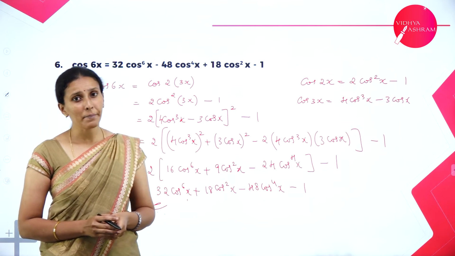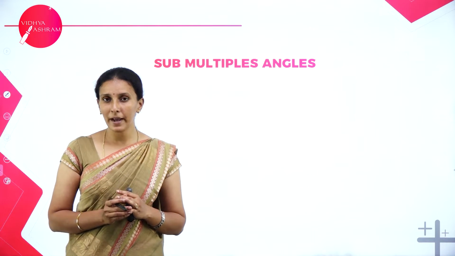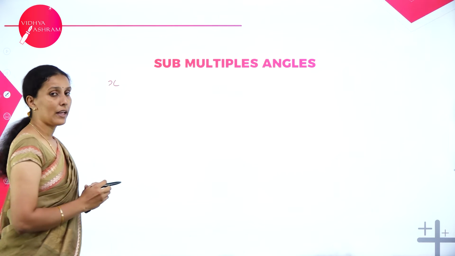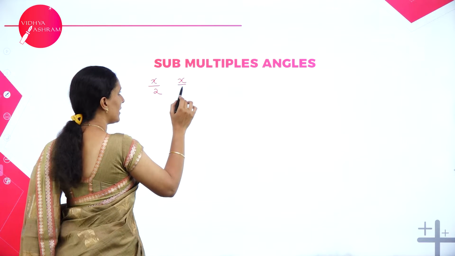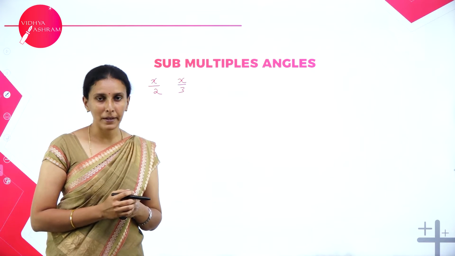Other than multiple angles, we also have submultiple angles. So what do you mean by submultiple angle? If we take an angle as x, then angles like x by 2, x by 3, that is, angles in terms of fractions, are called submultiple angles.